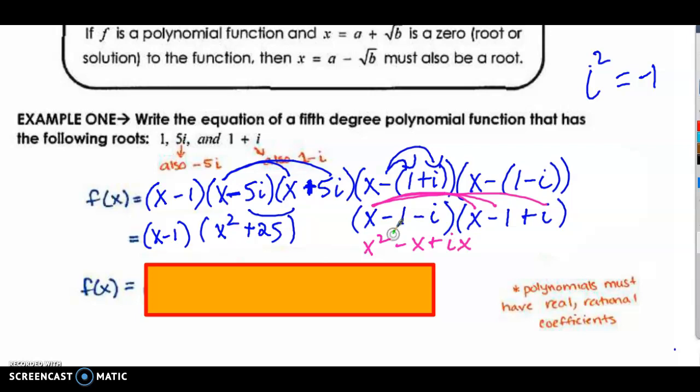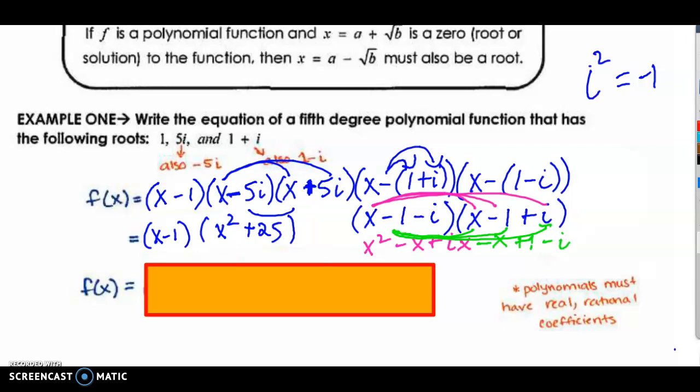Negative 1 times x, negative x. Negative 1 times negative 1, plus 1. And then negative 1 times i is negative i.